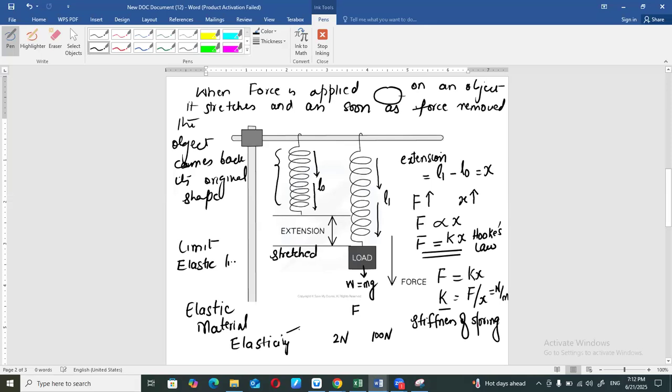So what is the elastic limit? Again, what is the elastic limit?